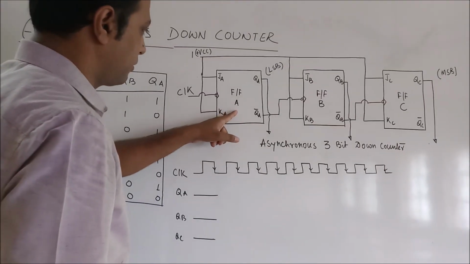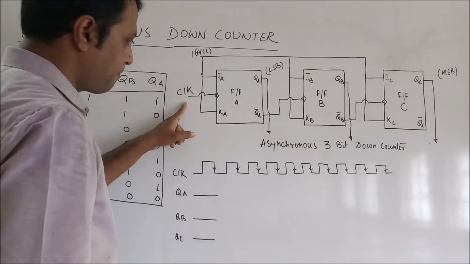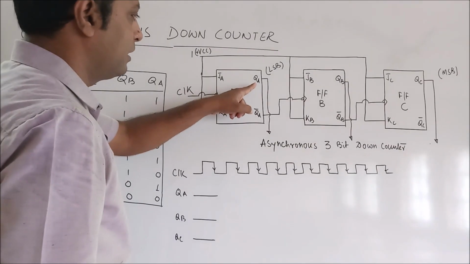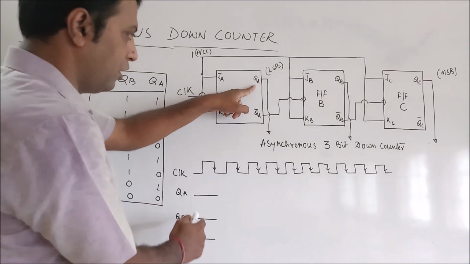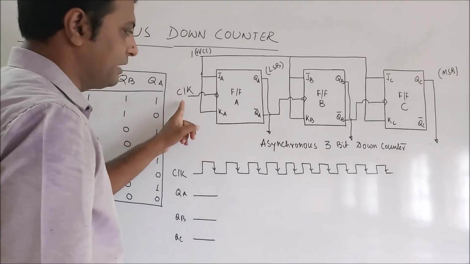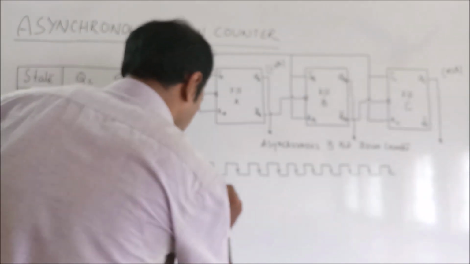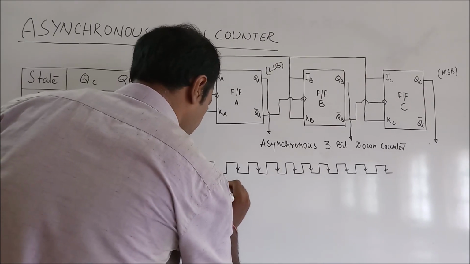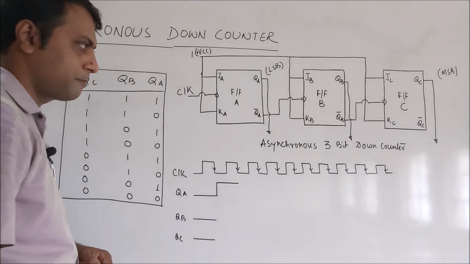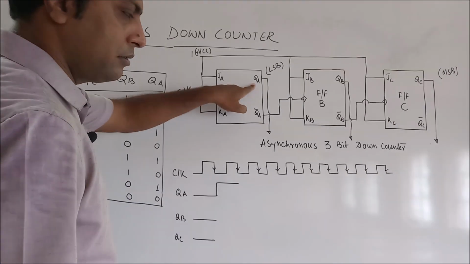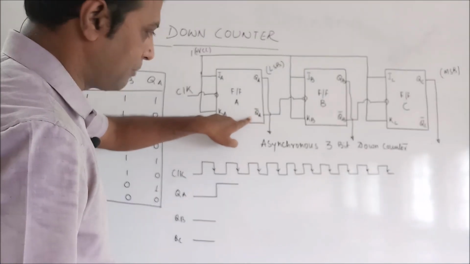Now flip-flop A gets the clock pulse, and J and K are both 1, so QA toggles, that means 0 to 1 for the next clock pulse. Then QA becomes 1, so QA bar becomes 0.